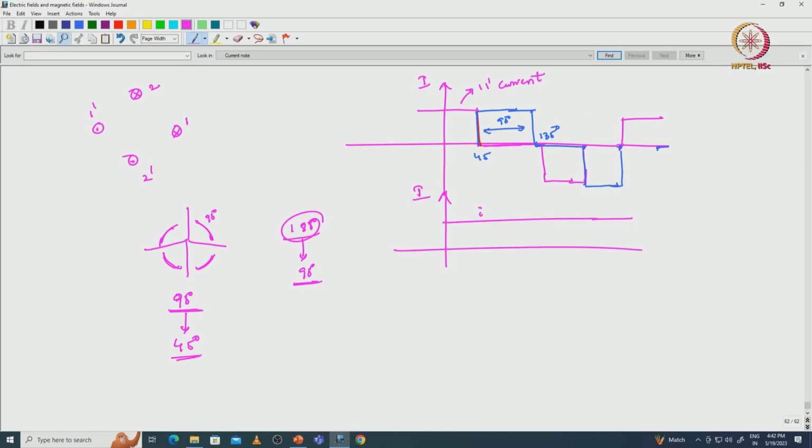That is what we have discussed in the last lecture. So, I will consider this kind of current and we will analyze how the magnetic fields look like.